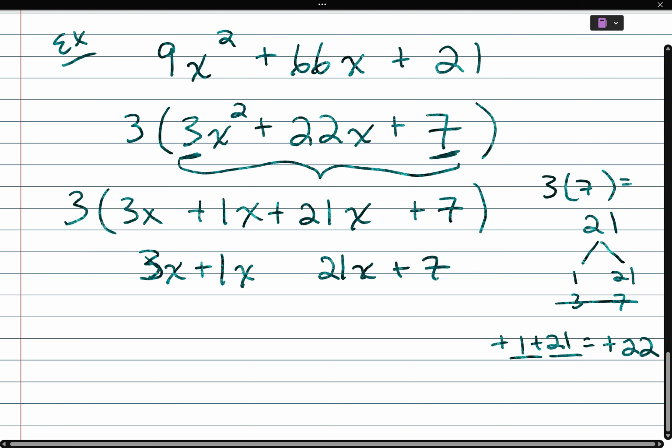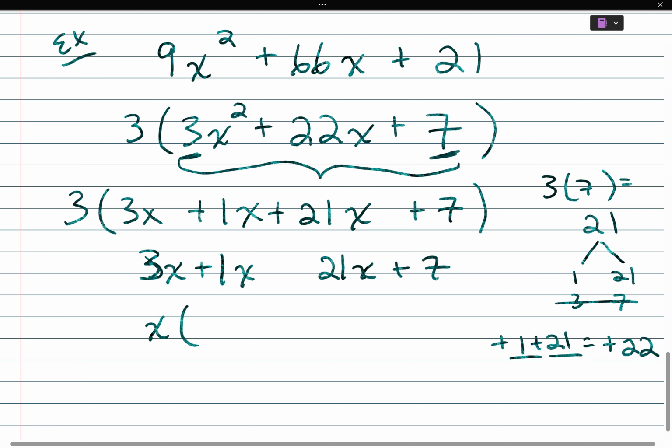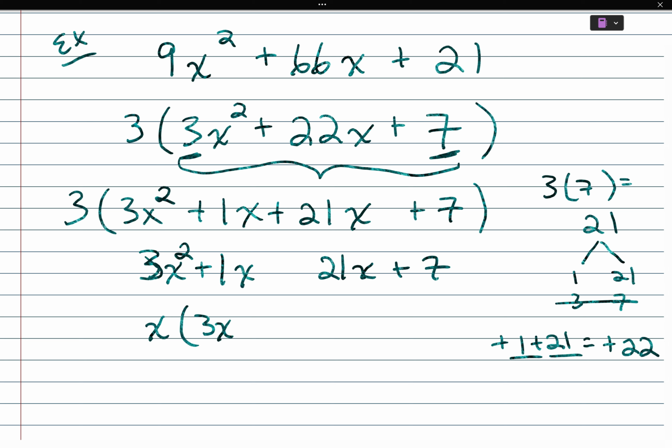The GCF of 3x and 1x is x, and it goes into 3x squared 3x times, and then x goes into 1x, which is really just x, right? So x goes into itself just once. And on the other side, the GCF of 21 and 7 is 7. Right, it goes into 21x 3x times. It goes into itself once.